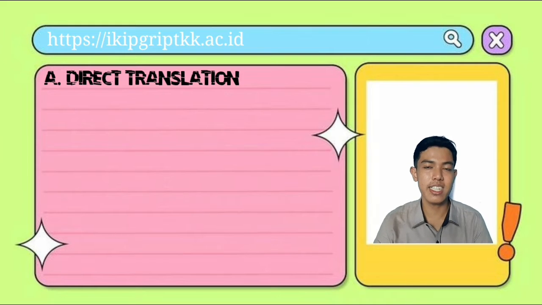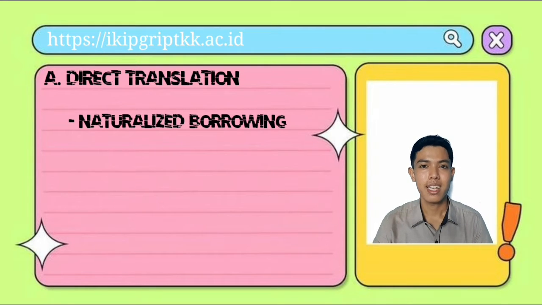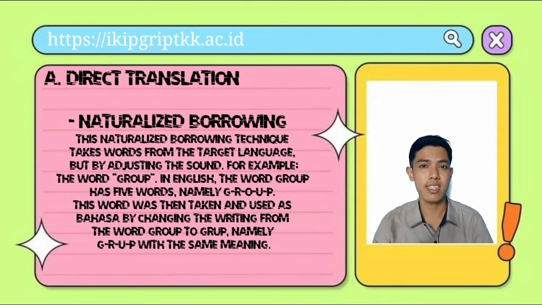And the next one is naturalized borrowing. This naturalized borrowing technique takes words from the source language but adjusts the sound. For example, the word group.